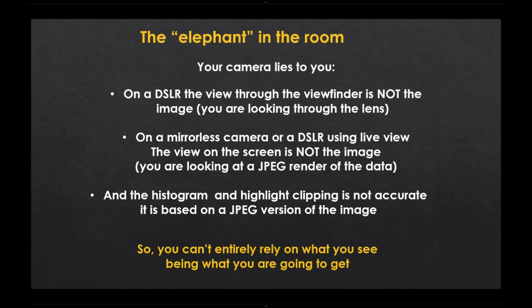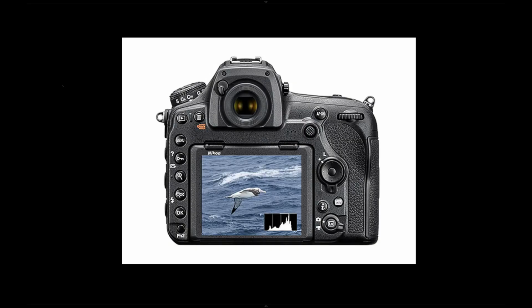So when you're out in the field photographing and you're looking at the image on the back of the screen or through the viewfinder with a mirrorless camera, you're not entirely seeing what you're going to get. And especially with the histogram on the back of the camera, it's based on the JPEG, and that's a little bit different from what you are really getting.